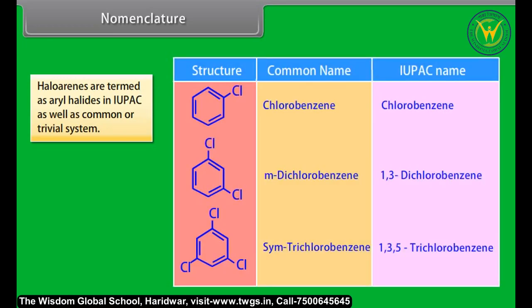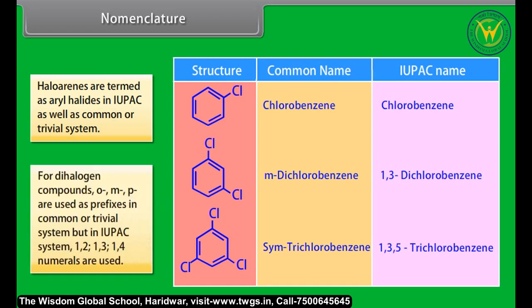Haloarenes are termed as aryl halides in IUPAC as well as common or trivial system. For dihalogen compounds, ortho, meta, and para are used as prefixes in the common or trivial system, but in the IUPAC system, 1,2, 1,3 and 1,4 numerals are used.